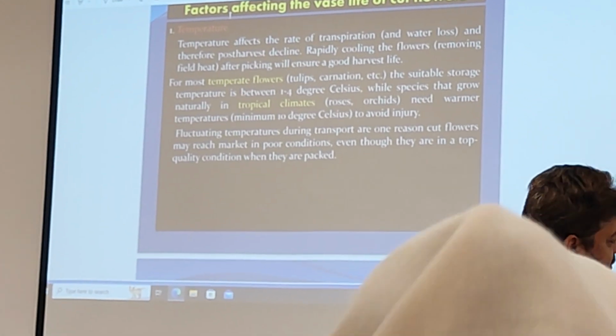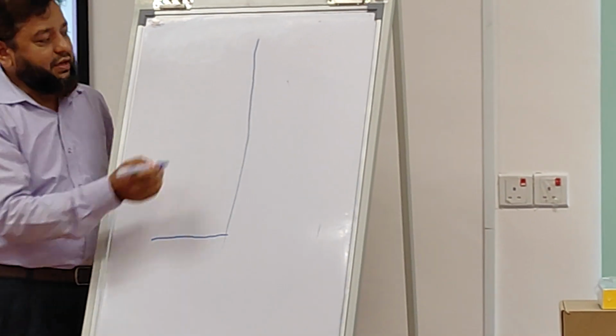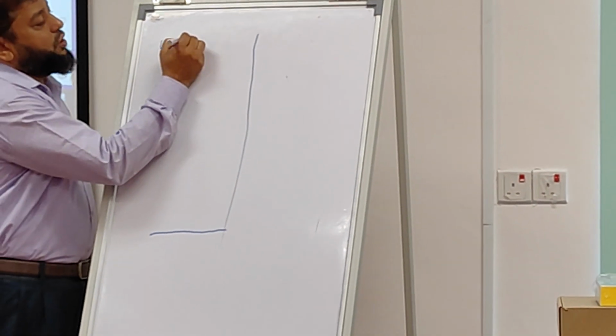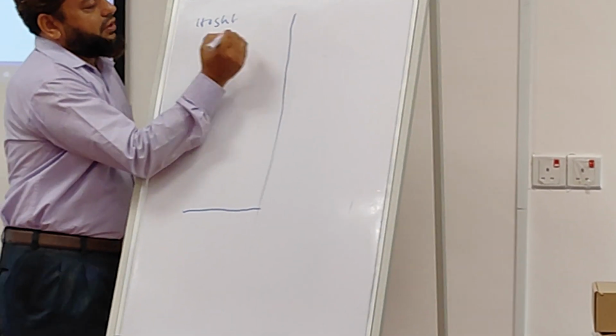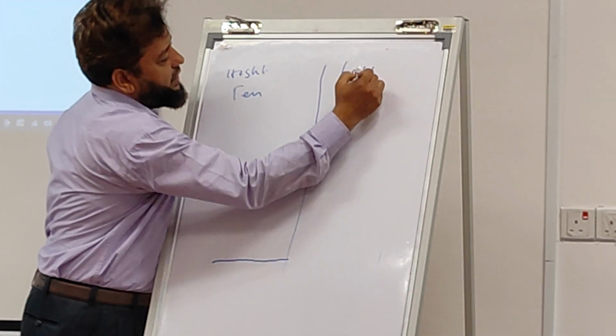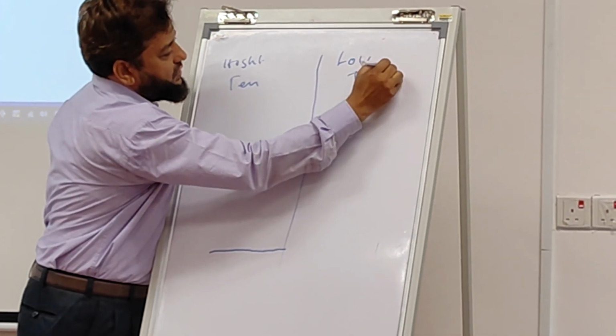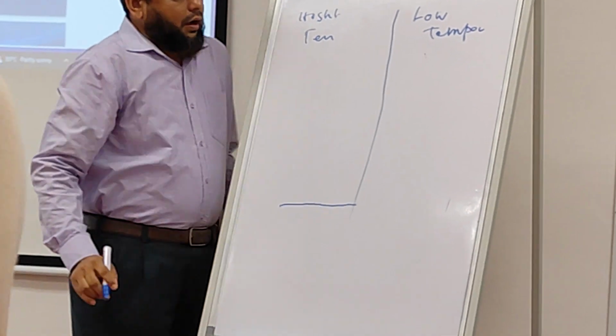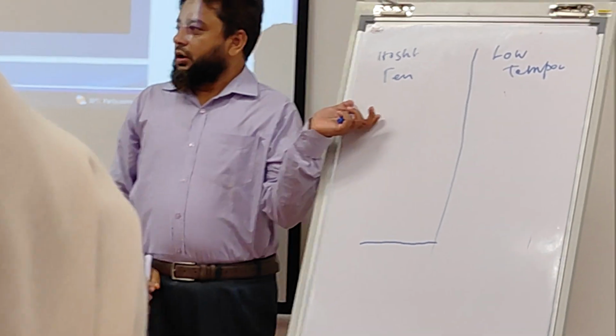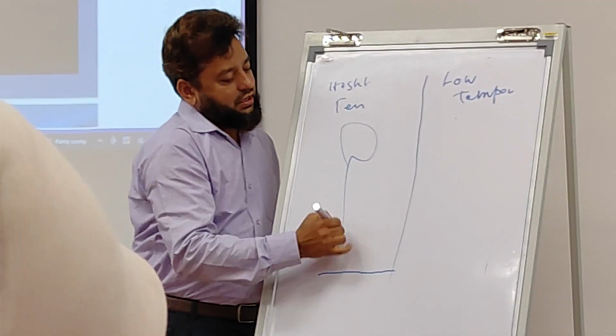Here we have two storage houses. For this one you have high temperature, and for this one the low temperature. In both we keep some roses.